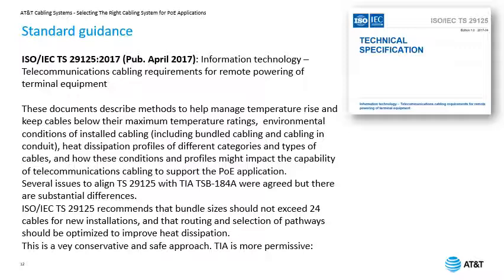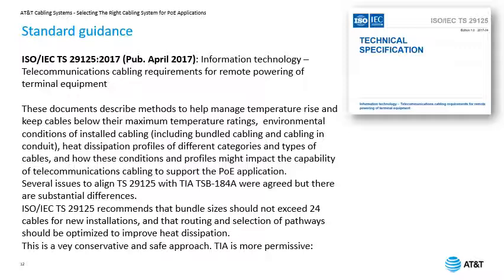Several issues to align TS 29125 with TIA TSB-184A were agreed, but there are substantial differences.